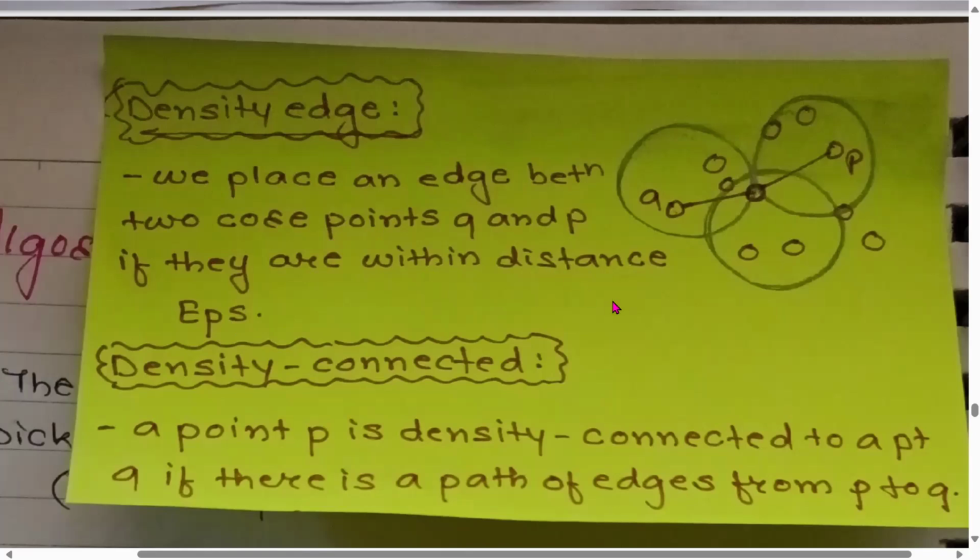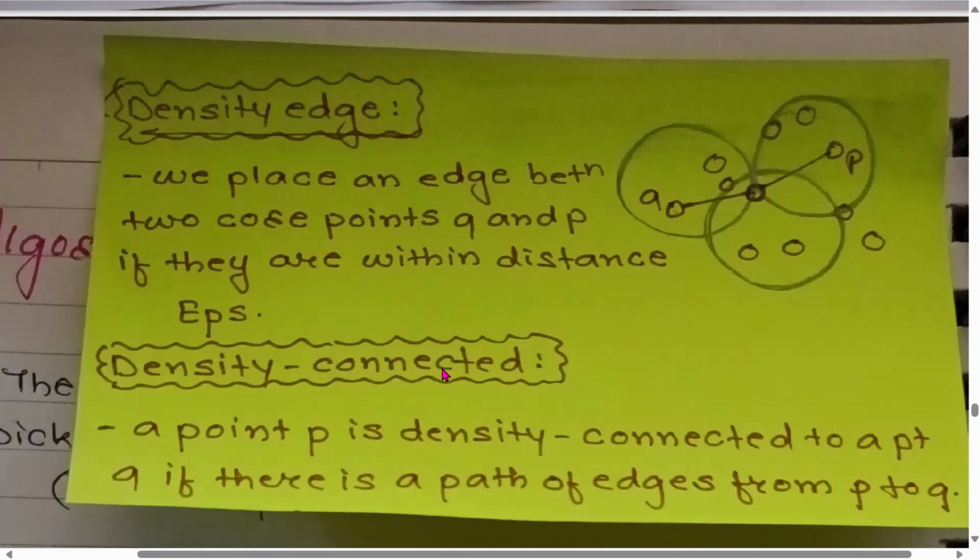Density is, we place an edge between two core points Q and P if they are within distance epsilon.